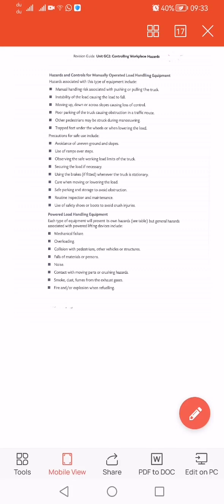So we're talking about the hazards associated with this type of equipment, including manual handling risks associated with pushing or pulling the truck. Sometimes when you are pushing or pulling the truck, back pain or other injuries might occur, so you have to be careful. Then we're talking about unstable loading or causing the load to fall.